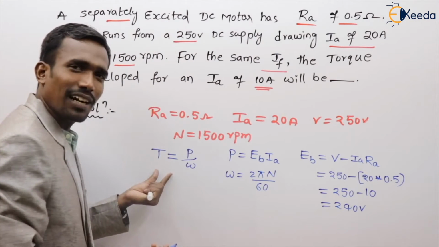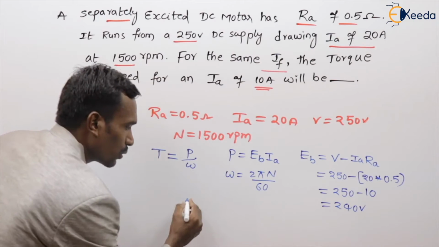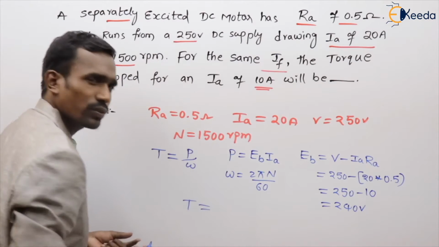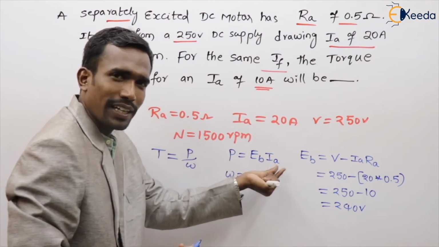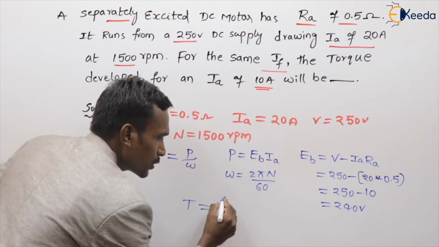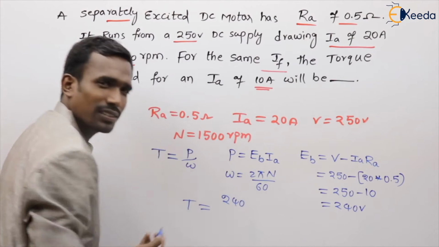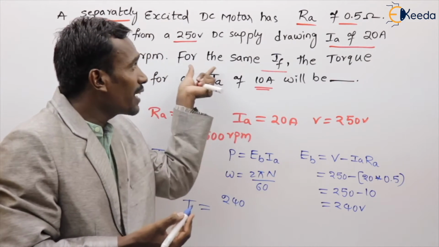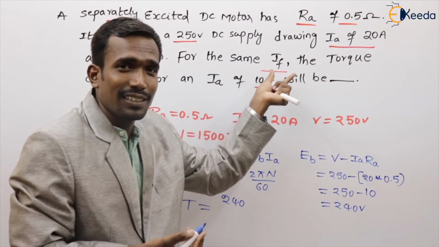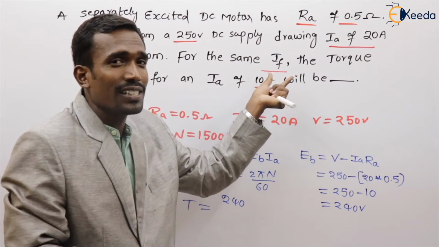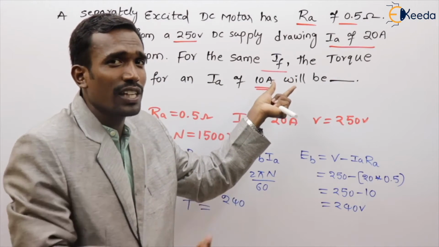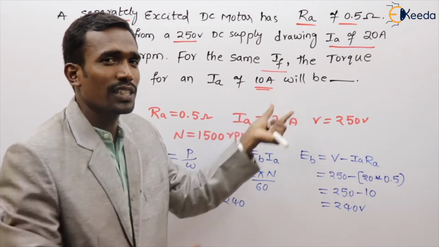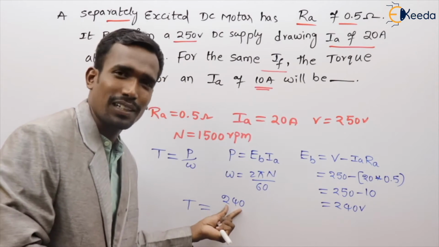Let's calculate the torque T. T is equal to EB into IA. EB is 240 volts. Why are we taking 240 volts only? Because for the same field current, if there is no change in excitation, there is no change in back EMF.